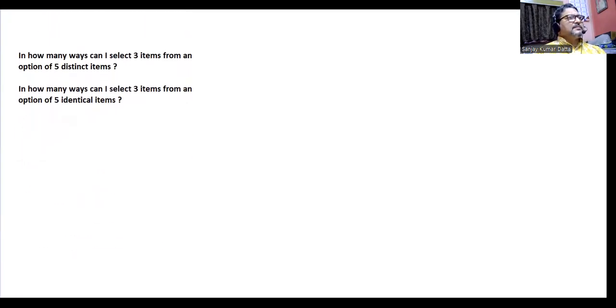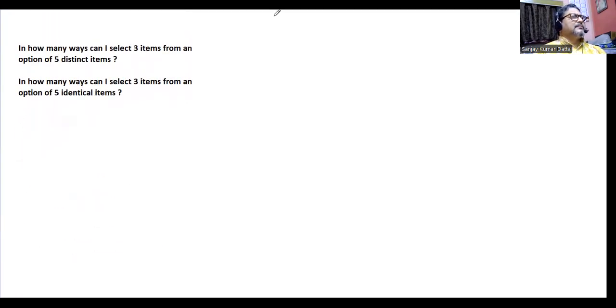The first question that we will connect ourselves with is this one. In how many ways can I select 3 items from an option of 5 distinct items? All of us know right now that the answer is 5C3. And how are you going to solve it?